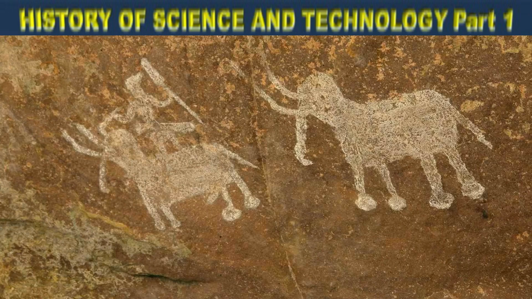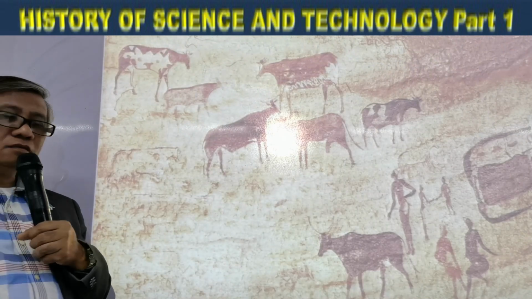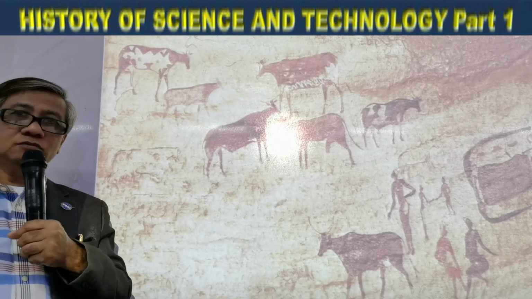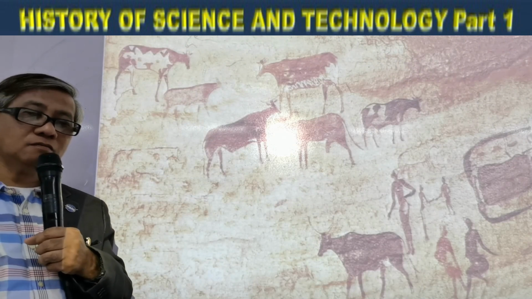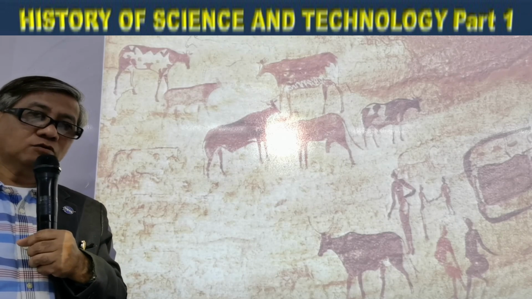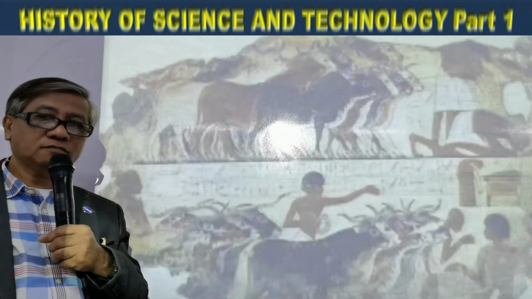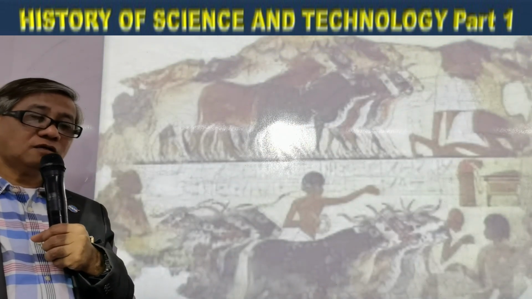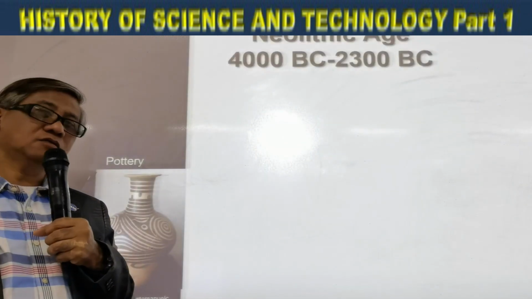So, kitang-kita rito yung mga cattle that they domesticated. Alright? And yun, may mga tao. So, by recording these food gathering activities, they were able to pass on the skills to the next generation. Alright, so that's how we characterize the Mesolithic age.